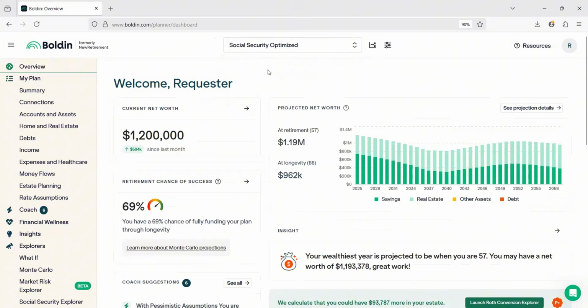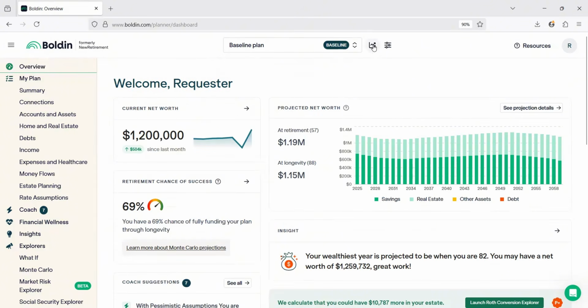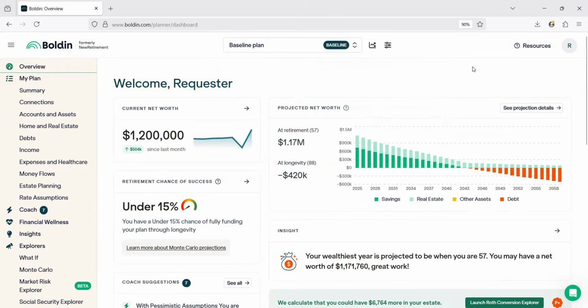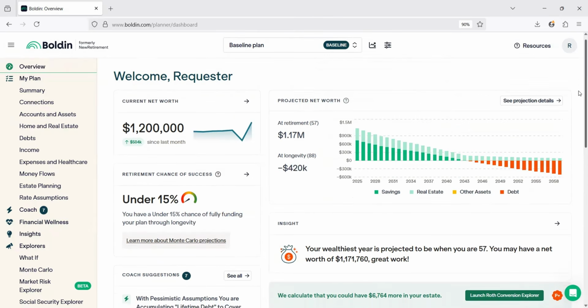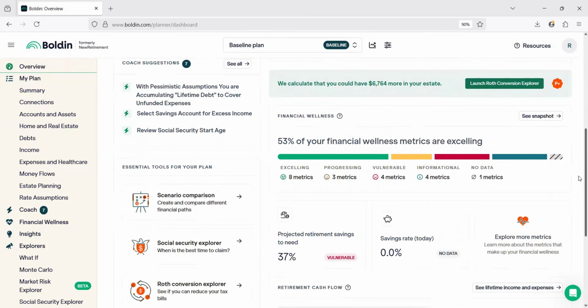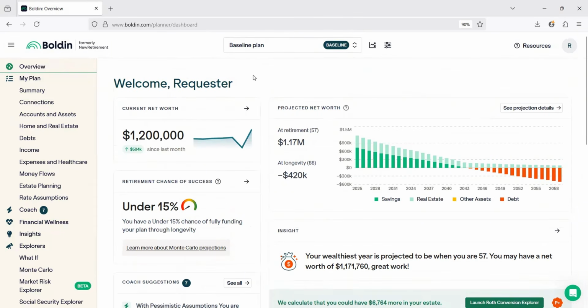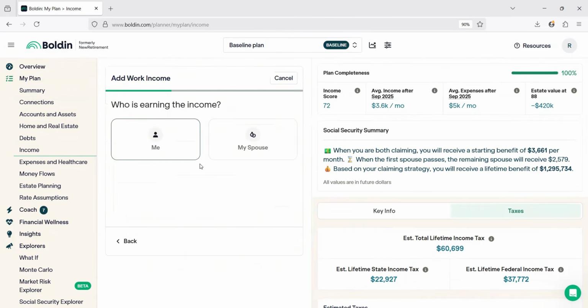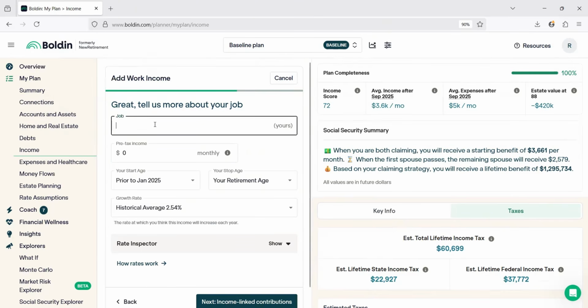Let's go out to the baseline plan again. And I want to concentrate on pessimistic, under 15%. Okay. And what if we actually didn't retire in September of 2025? What if we kept a little income going? Okay.